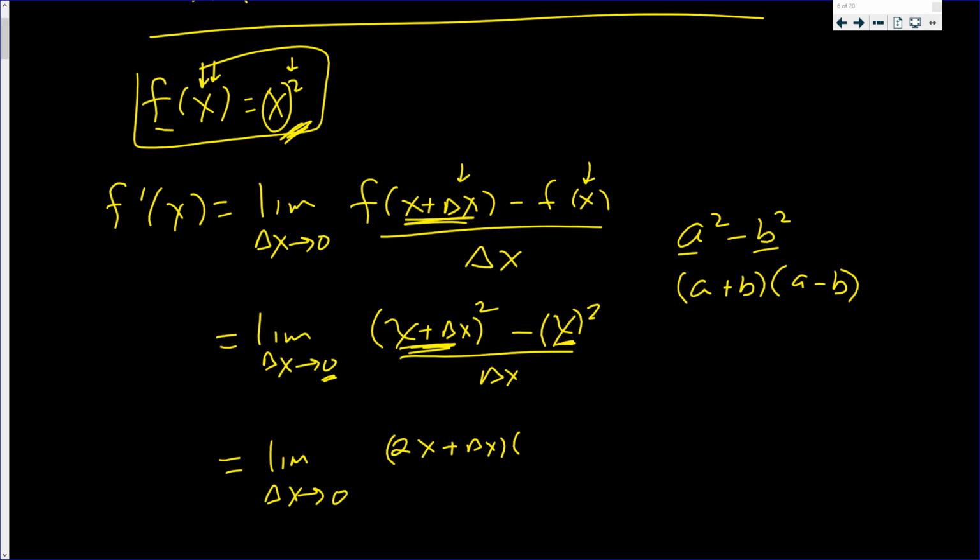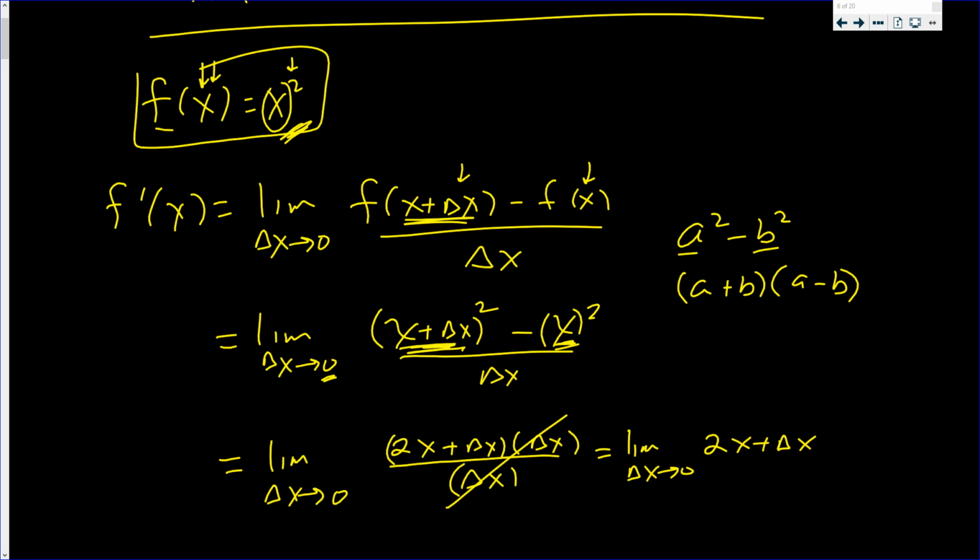Then I subtract them: x plus delta x, take away the x, that just leaves me with delta x, all over delta x. Look at that. As promised, the delta x's will cancel. So the limit as delta x goes to 0 of 2x plus delta x.